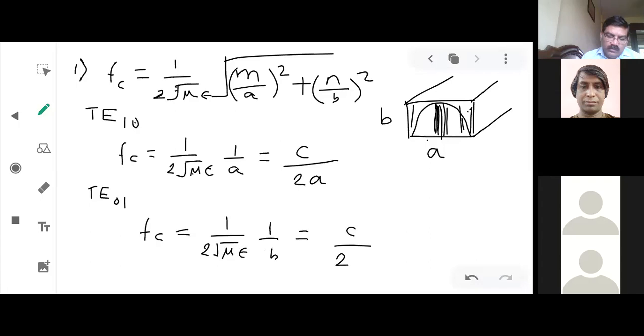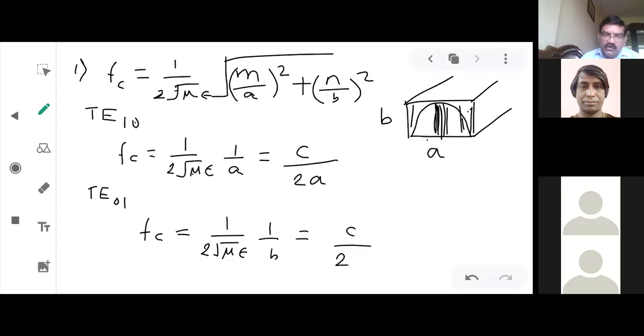Generally, if you design, you take a as 2 times b. So since b is smaller, the cutoff frequency of TE01 is larger.